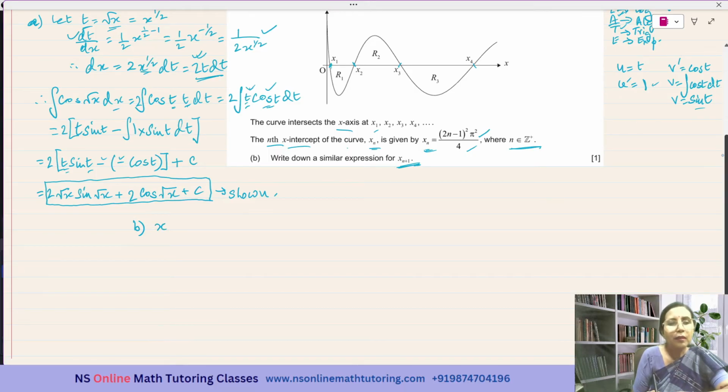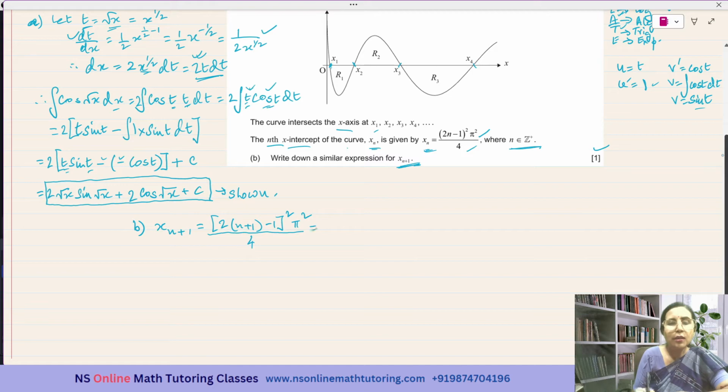So, n plus 1, xn plus 1, see, it is containing just a single mark, equal to 2, and there is n, so in place of n, I will be writing n plus 1 minus 1, whole square pi square over 4.